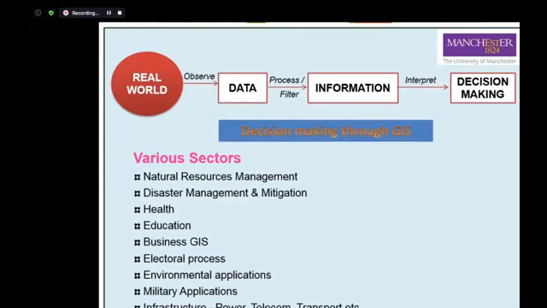Disaster management and mitigation. Already, our Sanjeev sir told that a few days back they had a good webinar on the tracking systems of cyclone Amphan.